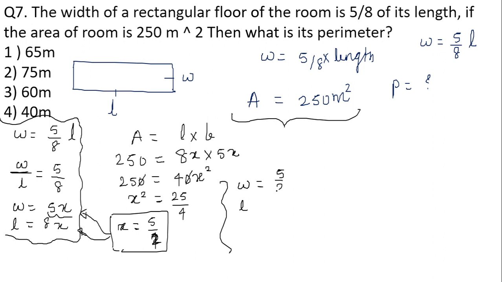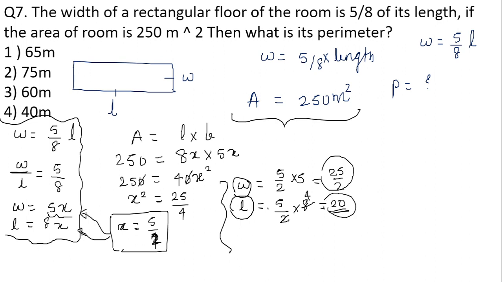So 5 by 2 into 5 will give me 5x. Similarly, 8x means 5 by 2 into 8. This will give me 5 4s are 20 for the length, and the width is 25 divided by 2. So we got the width, that is 25 upon 2, and we also got the length, that is equal to 20.